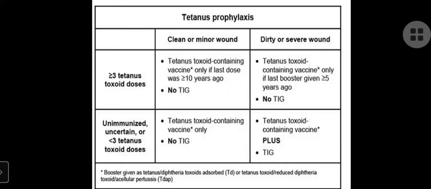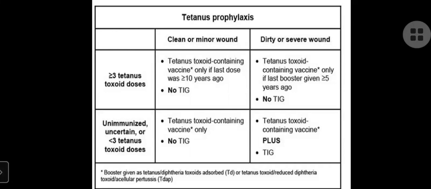Now, if there's a patient who does not know their immunization status, or has received less than 3 tetanus toxoid dosages, and the wound is clean or minor, this patient will receive only the tetanus toxoid containing vaccine and no tetanus immunoglobulin, the ATS.